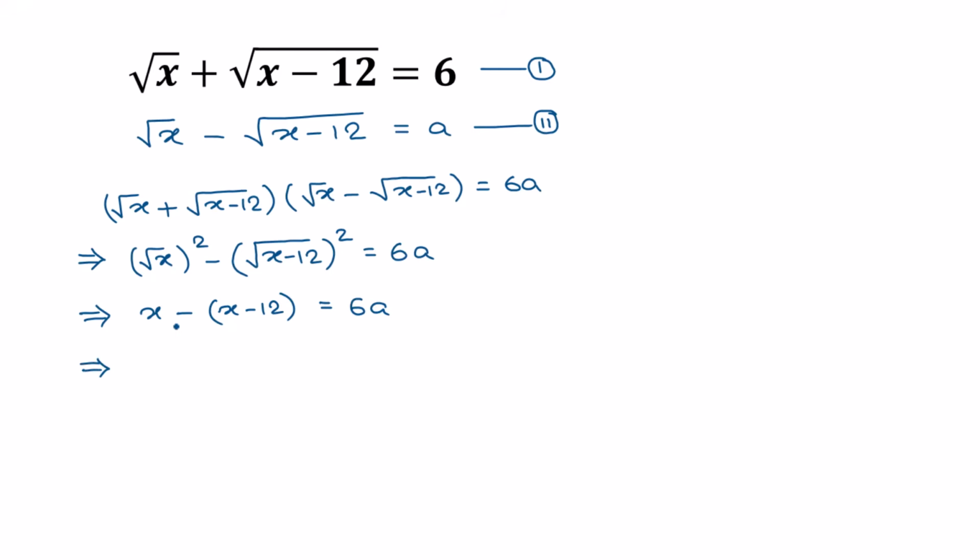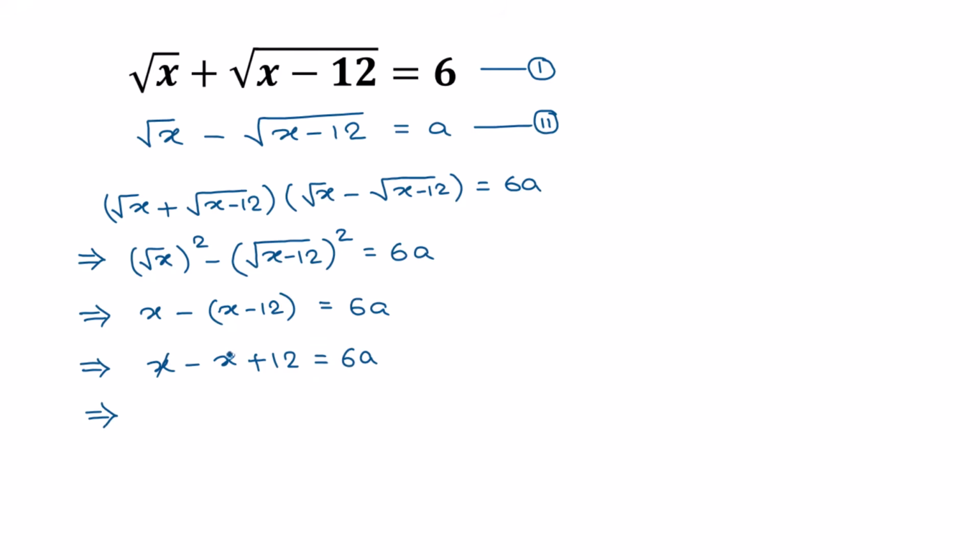Simplifying, we will get x minus x and negative times negative 12, this will be positive 12, is equal to the right side 6a.